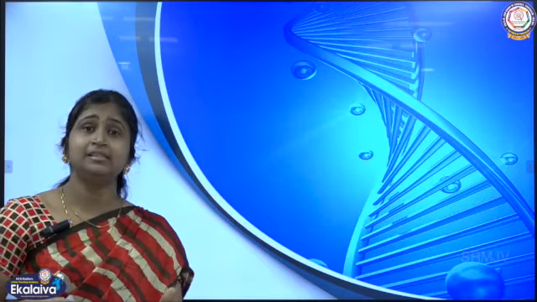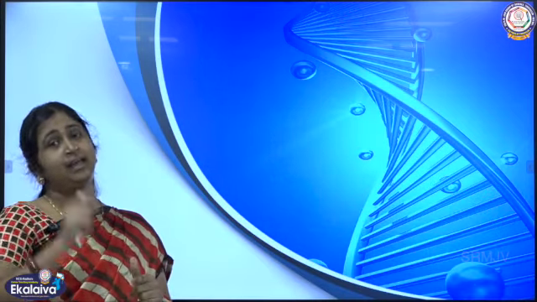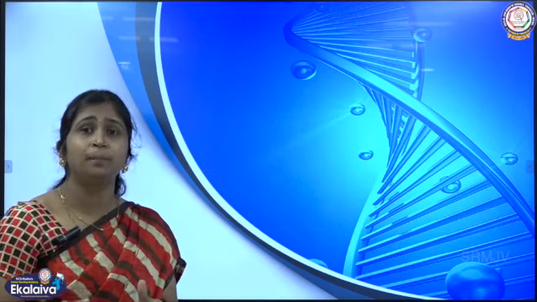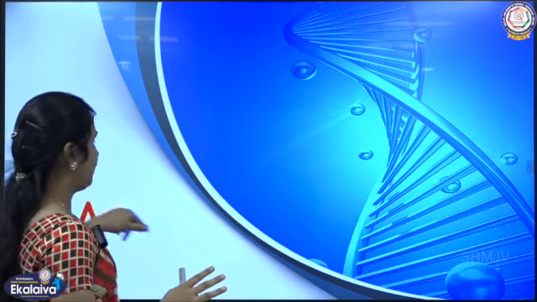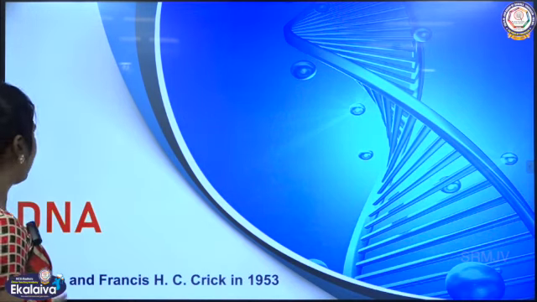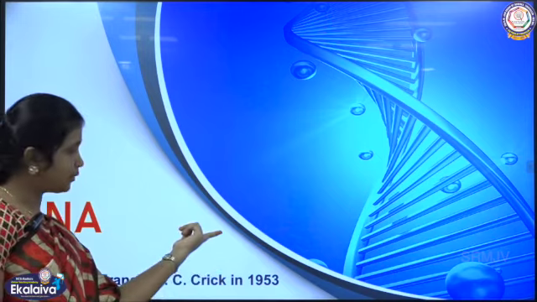The scientists Watson and Crick gave this model. There are different forms of DNA, and this is B-form DNA, a right-handed double helix. Again, it is a 1-mark question. Make a note: the scientists' names, Watson and Crick, in the year 1953.